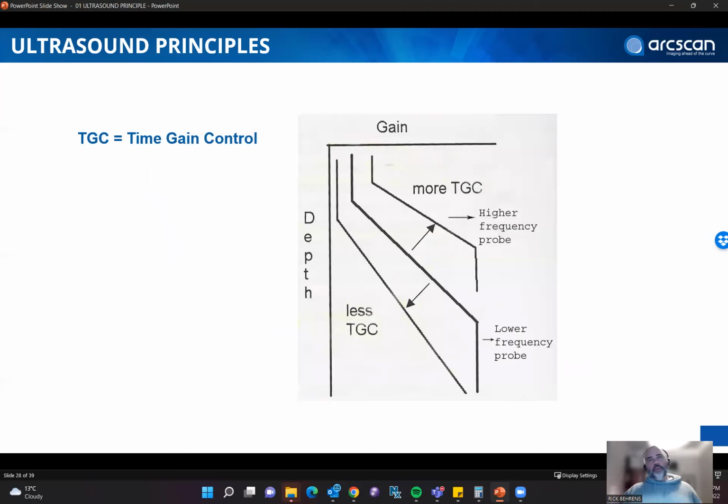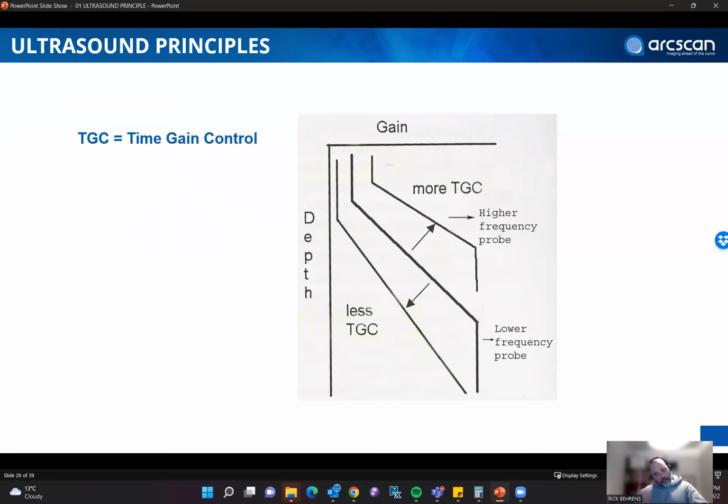How do we do that? We do that with something called time gain control. Our device already has time gain control, and it will allow you to show the image as it is happening at the same time. When the sound travels from the cornea to the iris, then to the posterior back surface, and then comes back, the way the eye is presented depends on what time you decide to see it.